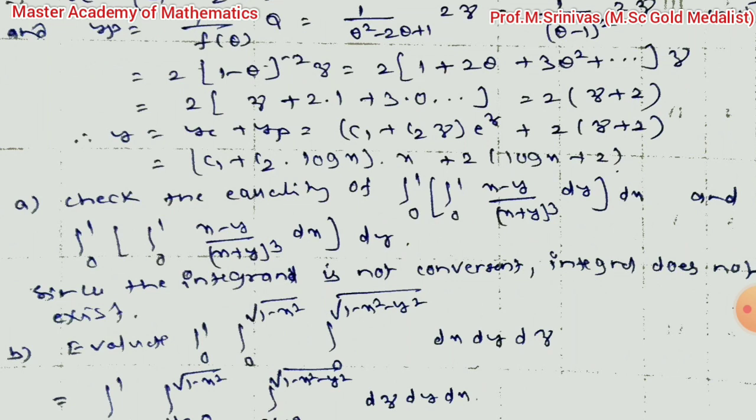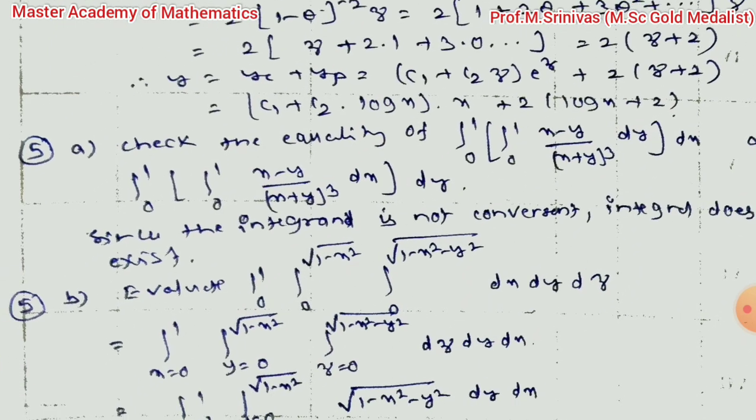That means the limit should exist, but for the given integrand, the limit is not existing. So it is not convergent. In that case, the integral does not exist, so no need of calculating the integral values. Just mention a statement: as it is not convergent, integration is not possible.